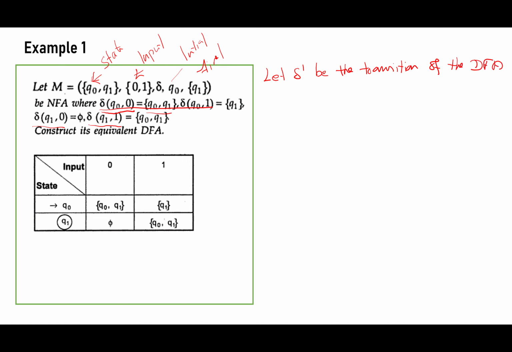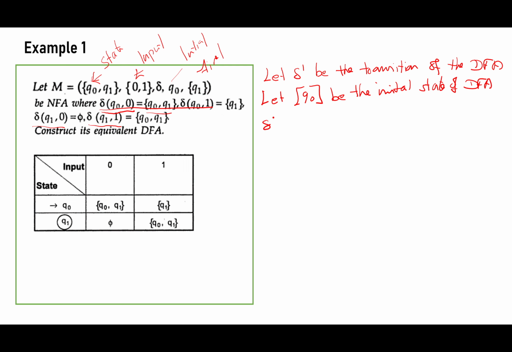The next step is to assign the initial state. We are assigning the initial state q0 as the initial state of the DFA. Next, we have to find the transition for the given inputs 0 and 1.